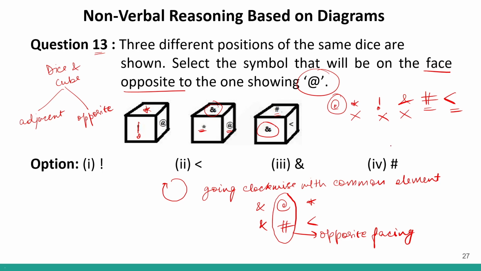The opposite facing one will be hashtag, which is option number 4. So this was a new concept, which is going clockwise. Whenever you're stuck in a dilemma like this, we use the concept of going clockwise, and the opposite to the @ sign will be hashtag, which is option number 4.